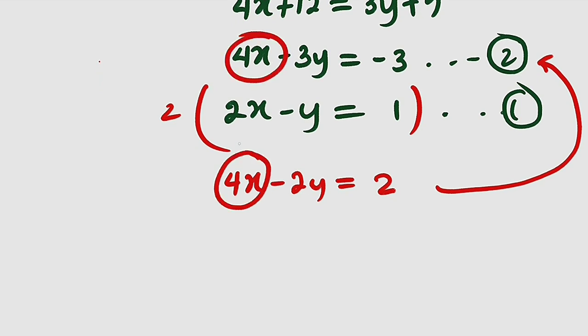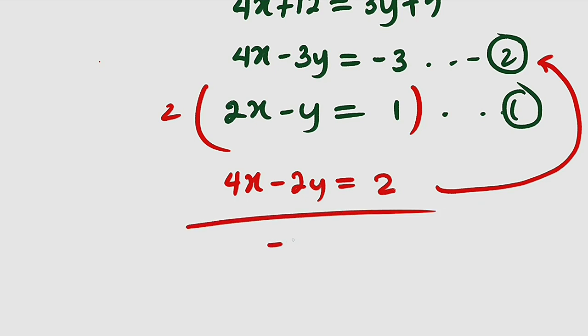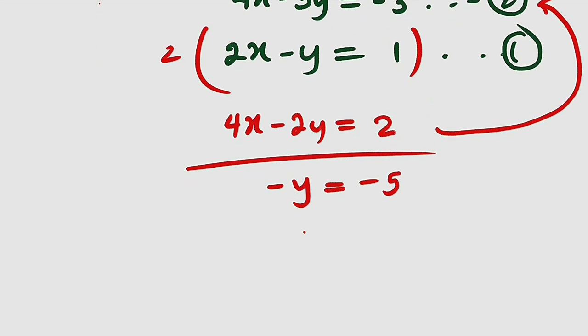So 4x minus 4x is 0. Negative 3y minus 2y. That will give us negative 3y plus 2y, which is negative y, equals this minus this will give us what? Minus 5. Multiply both sides by negative, y will be equal to 5.